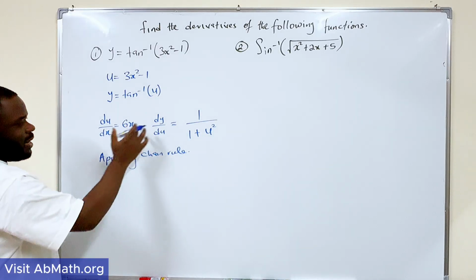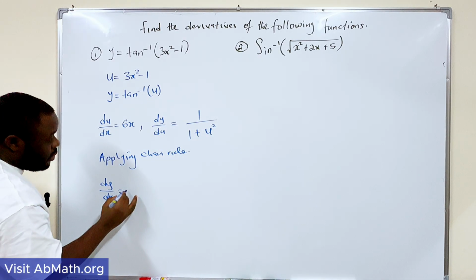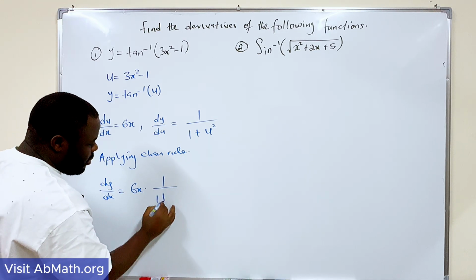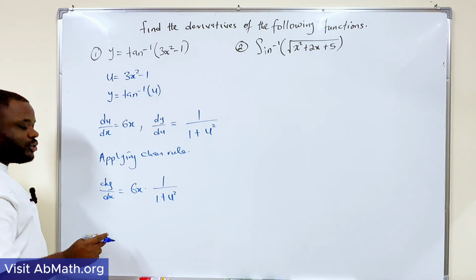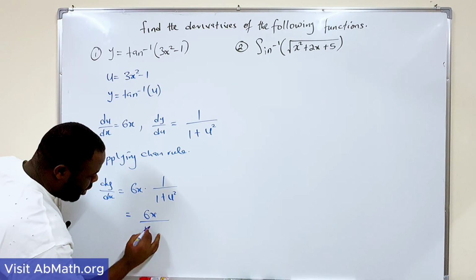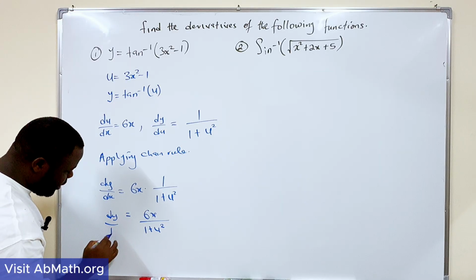So you multiply this by this. So dy dx will now equal 6x multiplied by 1 over 1 plus u to the power 2. So this will give us 6x over 1 plus u squared. That's dy dx.